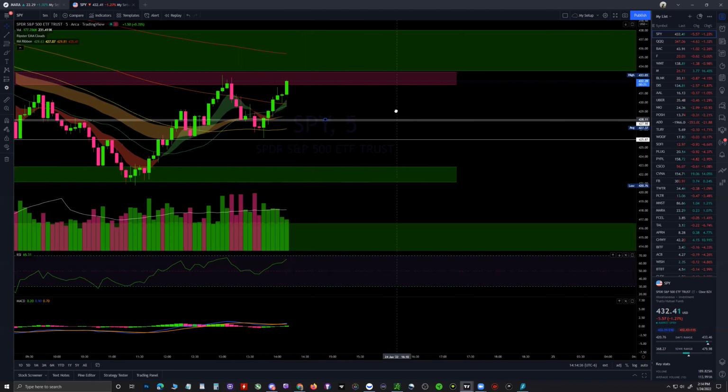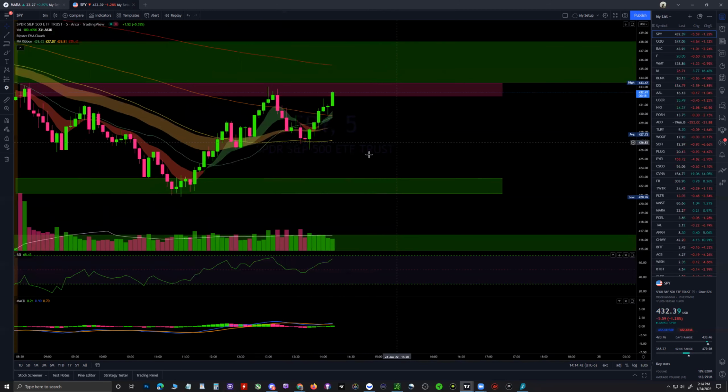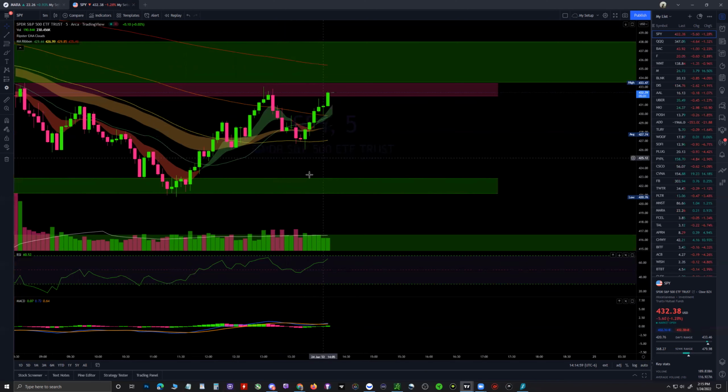So our last put play that we put out started to enter the supply zone here. I called it out, gave a play, and it rode down pretty nicely. It was like 100-something percent gain, but it didn't come all the way back down to the demand zone.